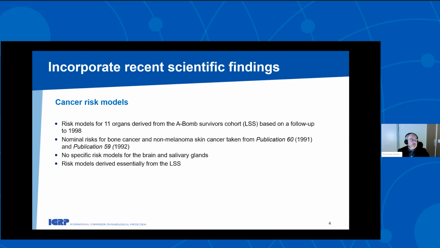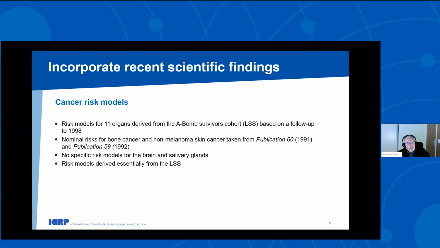The first step is really to look at cancer risk models. As has been presented before, the detriment is based on the use of several risk models for different organs, for 11 organs. We use cancer risk models that have been derived from the A-bomb survivors cohort on the basis of a follow-up to 1998.